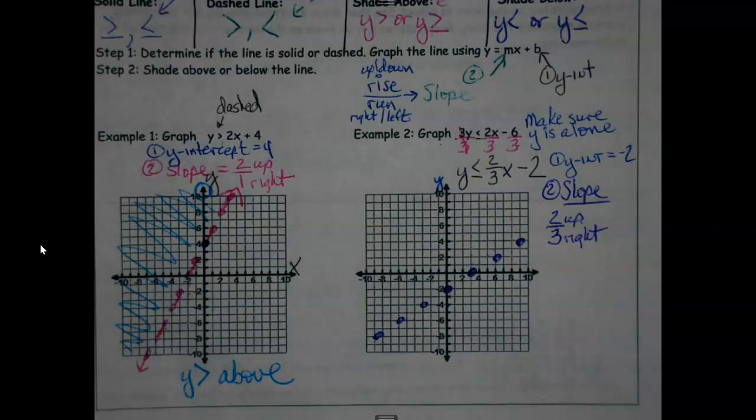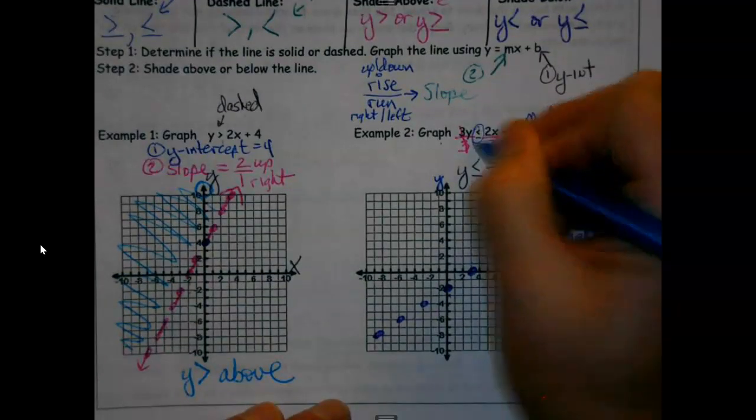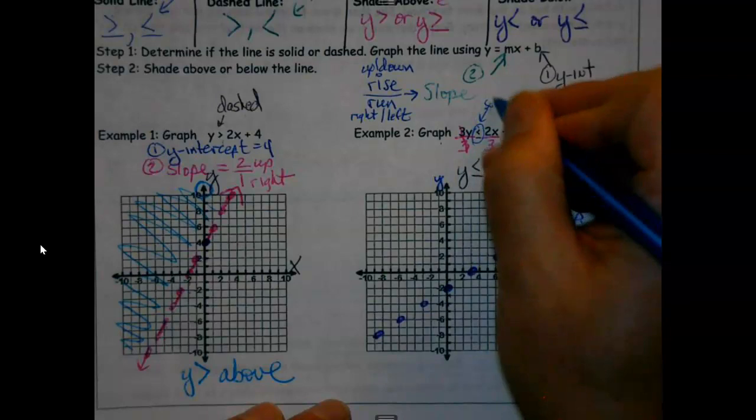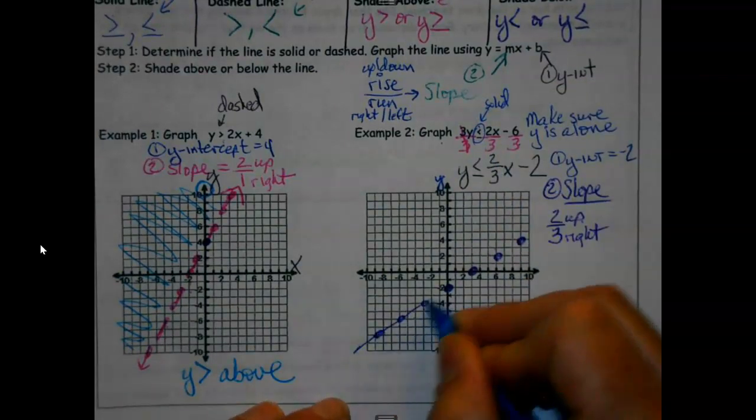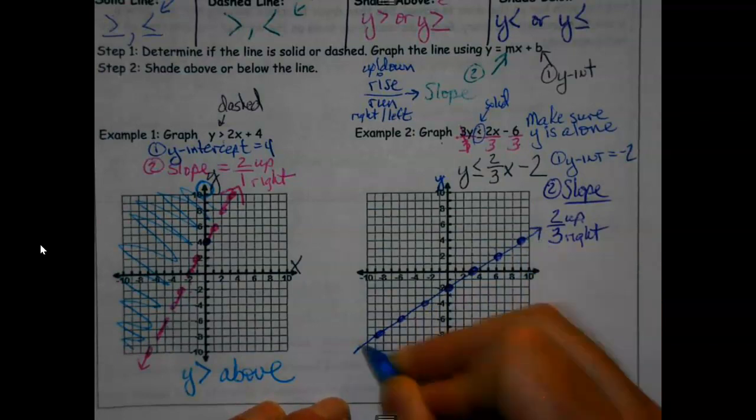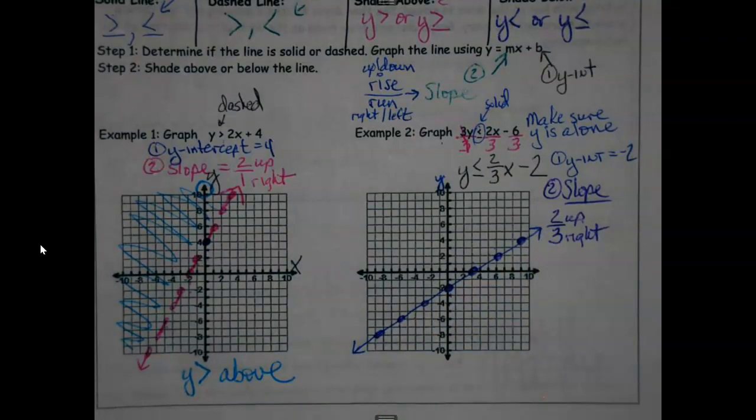We didn't discuss this as question number 1, so we'll do it now. Is my line going to be solid or dashed? Solid, because it's or equal to. So we'll get that in there.